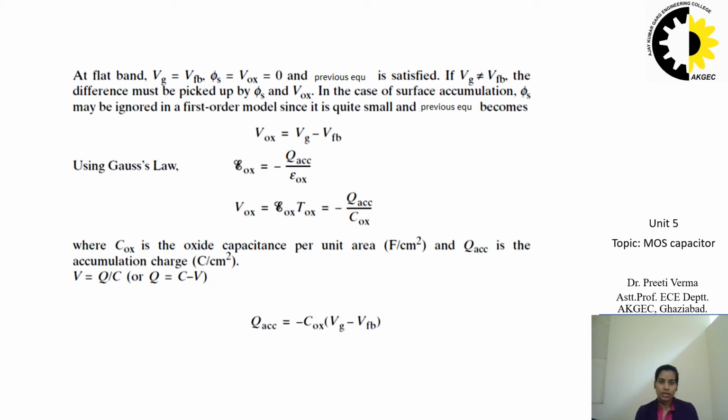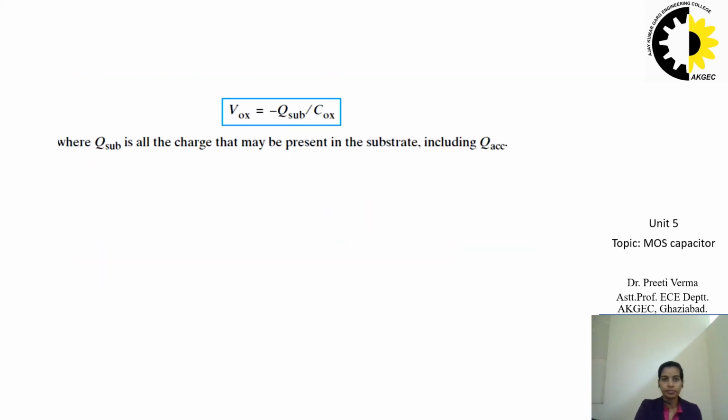The equation of Vox is equal to Eox into Tox, and Vox is equal to Vg minus Vfb tells us that Qacc is equal to minus Cox multiplied by Vg minus Vfb. Therefore, the MOS capacitor in accumulation behaves like a capacitor with Q is equal to CV that we have discussed earlier, but with a shift in V by Vfb.